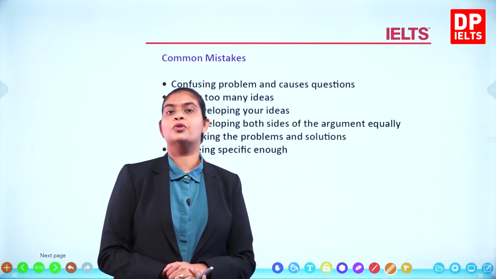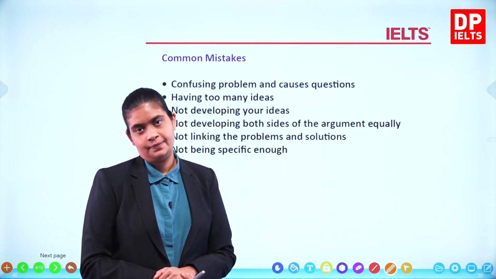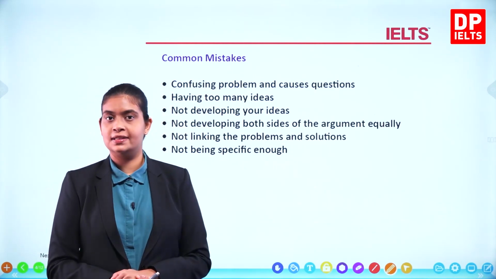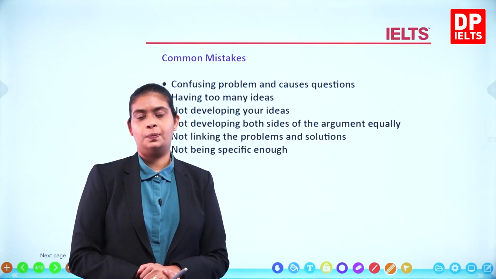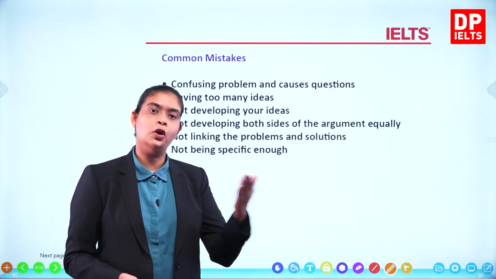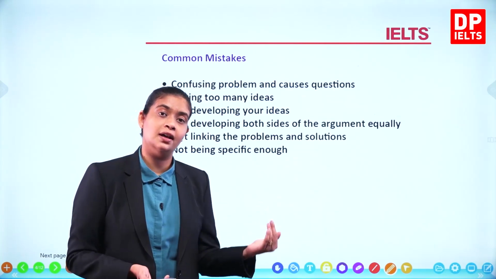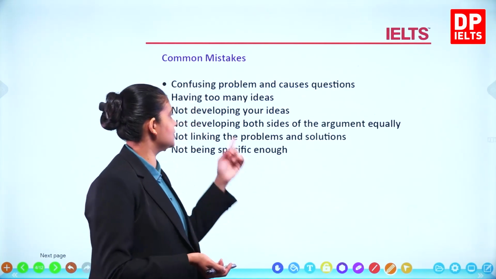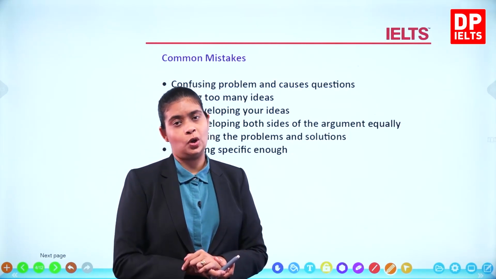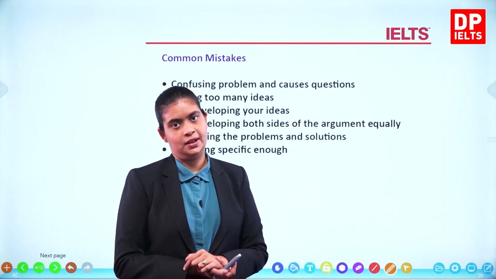Or when you don't draw an outline for your answer. It's very important that you plan your answer ahead, look at your plan and then develop your answer. Because if you keep on looking at your plan, then you will start developing on those ideas. If you don't plan, then this will happen, right?